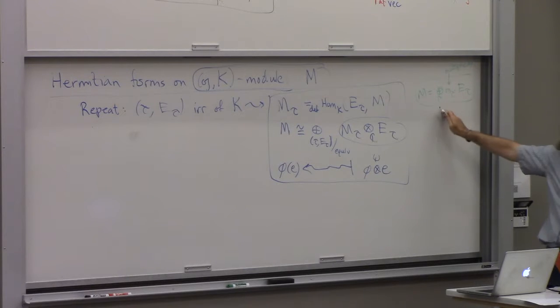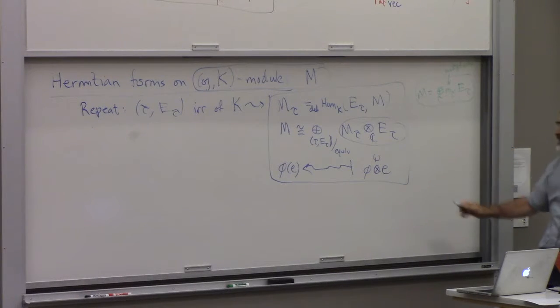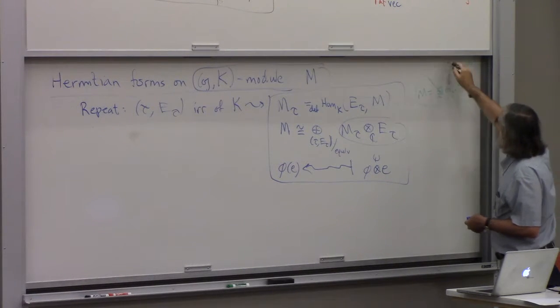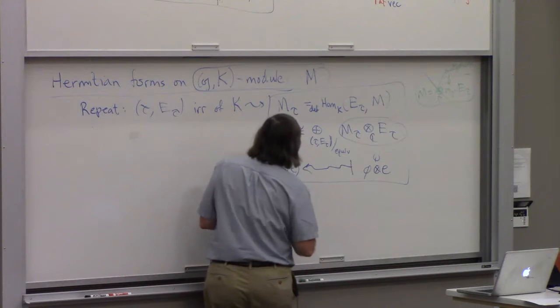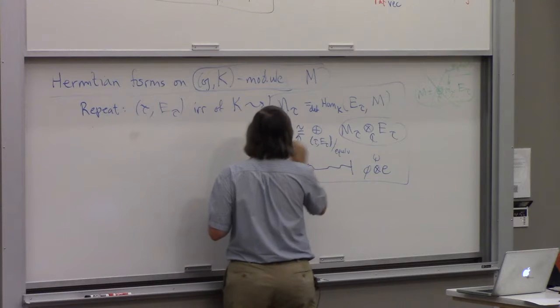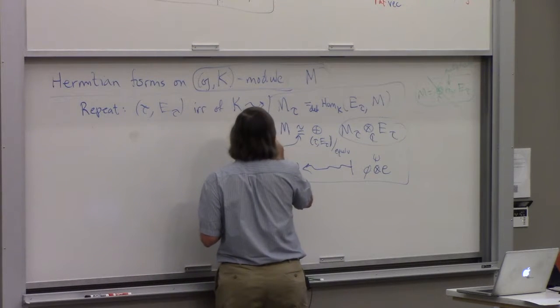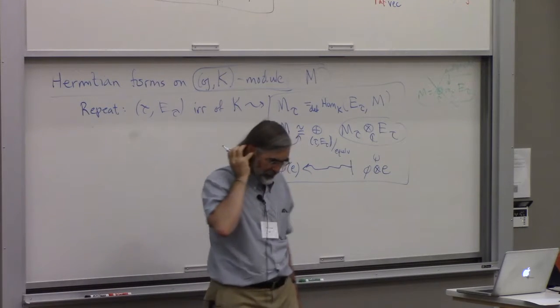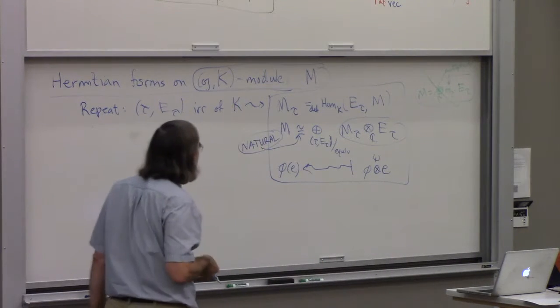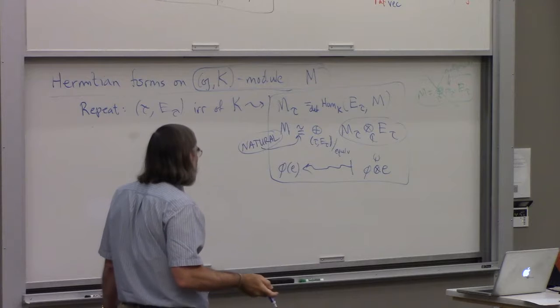This is a much weaker statement. I don't like this. The isomorphism that's written here is entirely natural. So what?